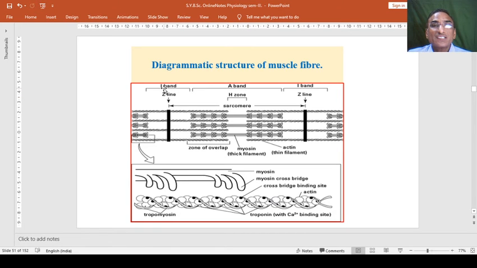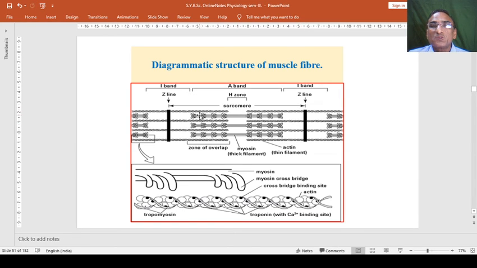So these are the I bands and the A band, and alternate I bands, because in between two I bands there is an A band, or in between two A bands there is an I band. In the middle of the I band there is a line called the Z line, and in the center of the A band, as we have seen in the previous figure, the M line is present.